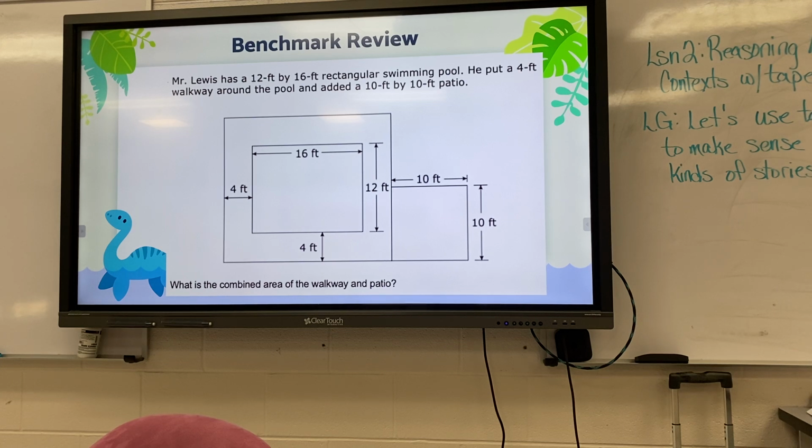Do you need paper? What shapes do you see?